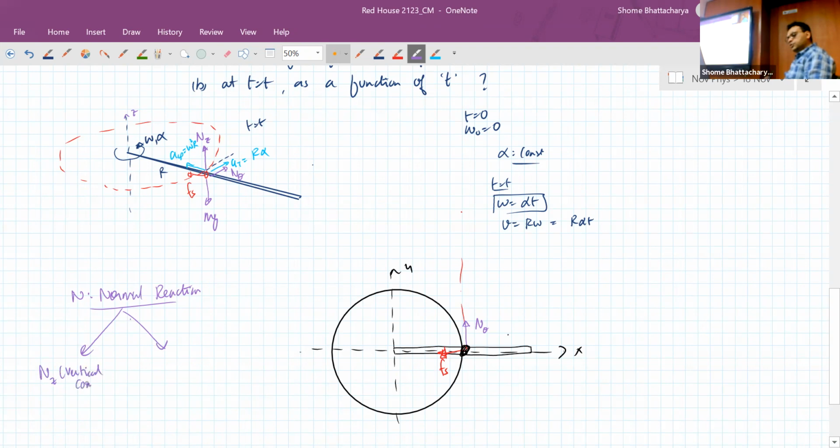The vertical component is what I have written as n z, and the tangential one I have written as n theta. You can write it as n t also, whatever. This is the tangential component, which is in the horizontal plane.